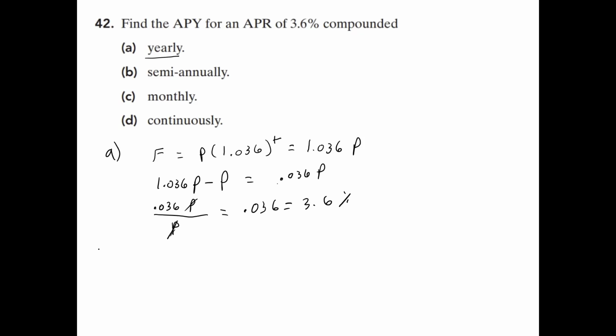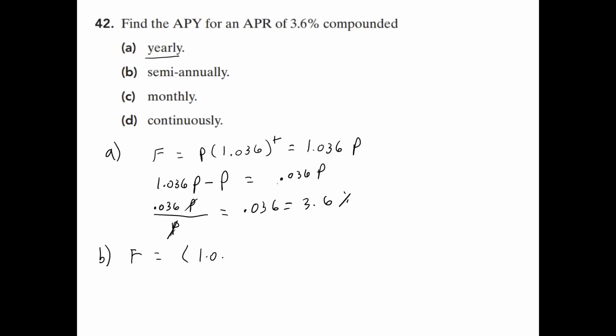So for part B, your future value of $1 is going to be your original amount, $1, which we don't have to write because it's just a 1, times 1.036. Oh, I'm sorry, that's not right. You're compounding semi-annually, so 0.036 divided by 2 is 0.018.